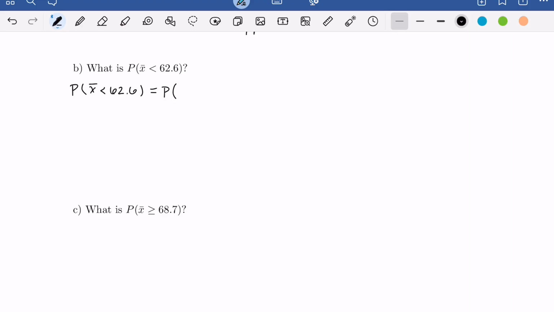So we want to find the probability that z is going to be less than this z-score, which we find by subtracting the mean and then dividing by the standard deviation. Doing so, we get that our z-score is negative 0.47.